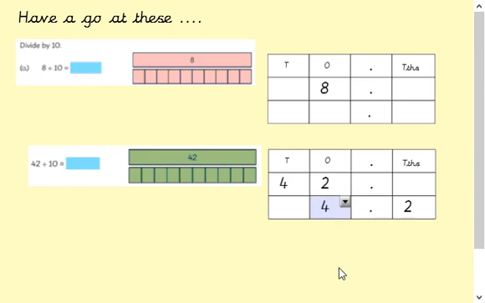So 42 then would become 4.2. Up here, if we wanted to go back to the 8, it would become 0.8. Please always, if you have this here, fill up the placeholder with a 0 if you're not sure.